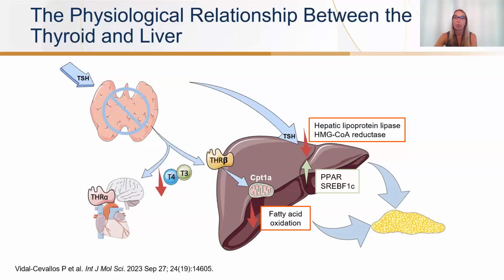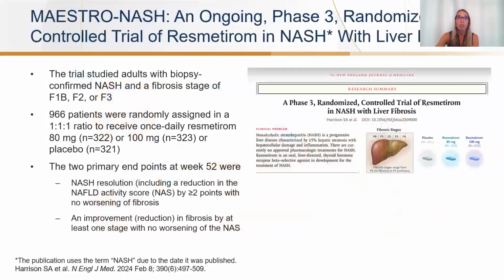In doing so, it has pleiotropic benefits, notably reducing fatty acid oxidation and reducing intrahepatic triglycerides. So it has a positive benefit on reducing lipids within the liver, and then indirectly reducing inflammation and potentially fibrosis.